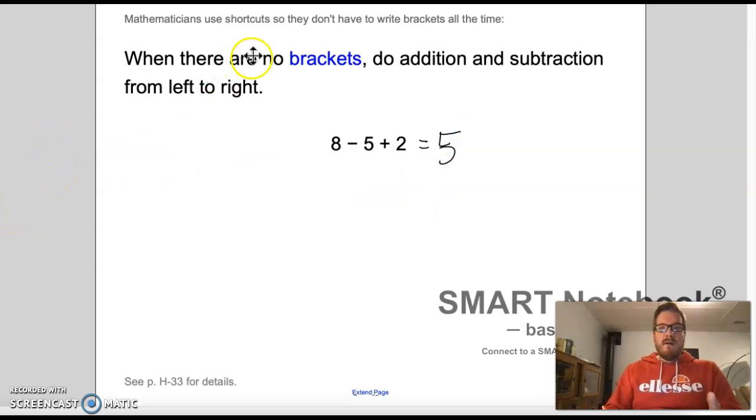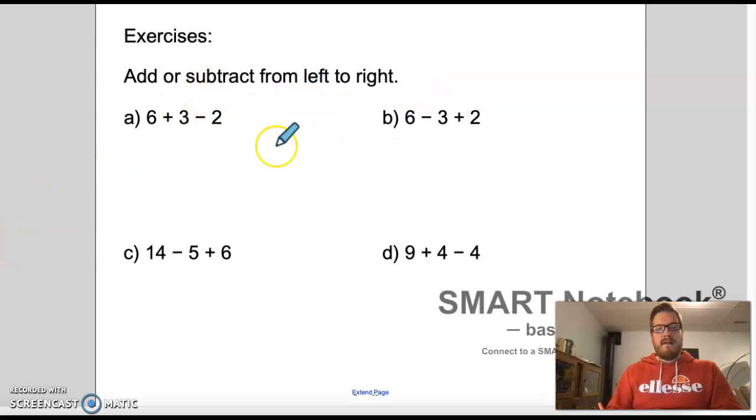Just do addition, subtraction from left to right if there's no brackets. Just a bit of practice, real quick. 6 plus 3 is 9, minus 2 is 7. 6 minus 3 is 3, plus 2 is 5. 14 minus 5 is 9, plus 6 is 15. And then 9 plus 4 is 13, minus 4 is just 9. So just do them left to right.